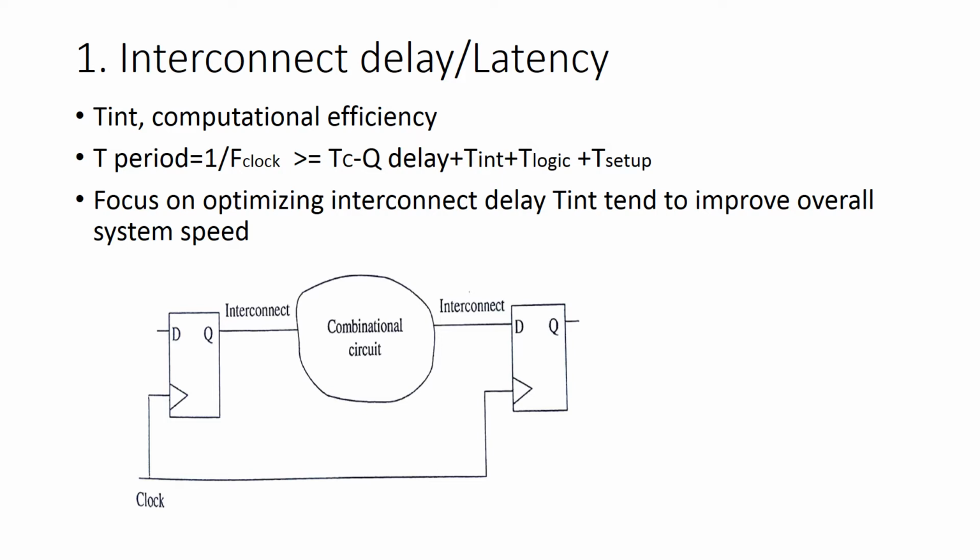That must be greater than or equal to T_CQ delay plus T_INT interconnect delay plus T_logic delay plus T_setup delay. So the signal traveling through the interconnect will not be deteriorated if the T period is greater than or equal to all these delays.